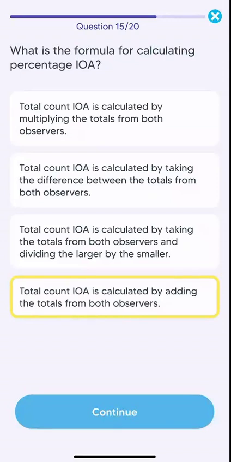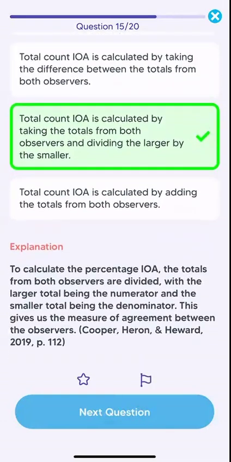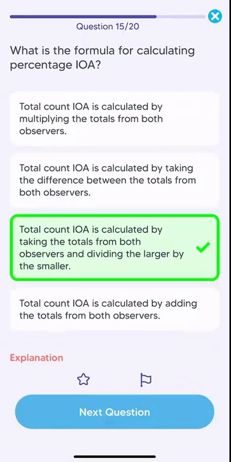It could be the third one, but the third one is total count, similar. The answer is the third one, Alhamdulillah. Why? Because he asked percentage. The first one is multiplying. If you want to find the percentage, you will never multiply.